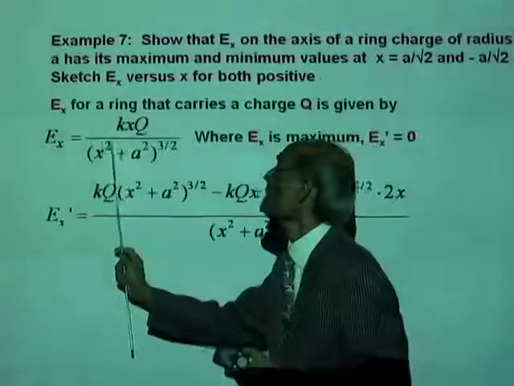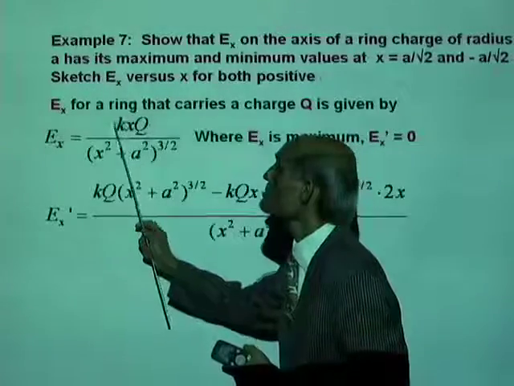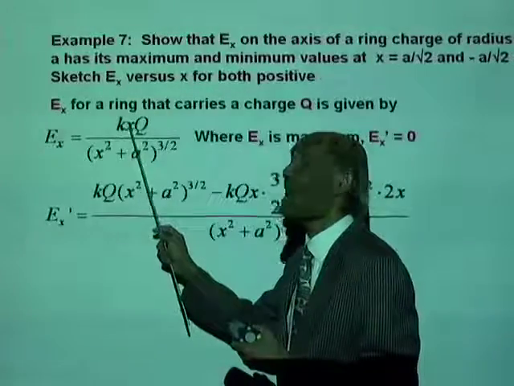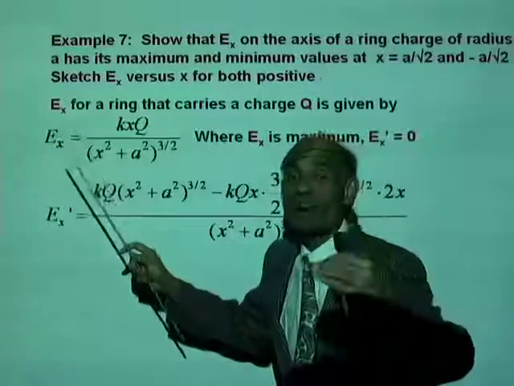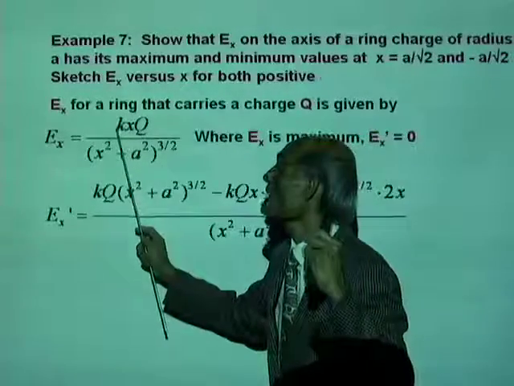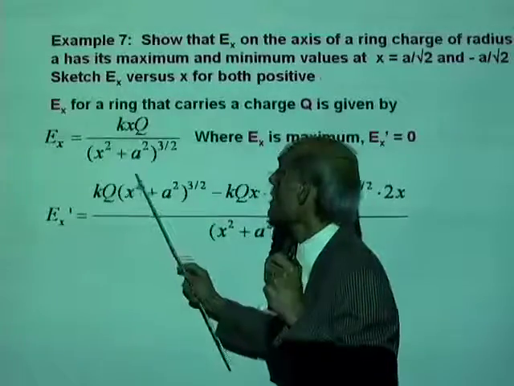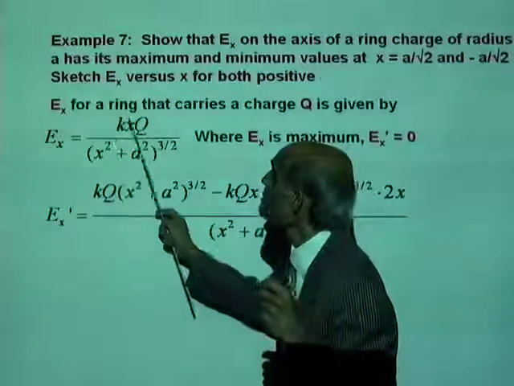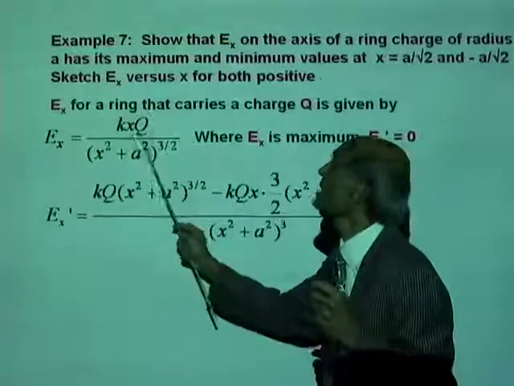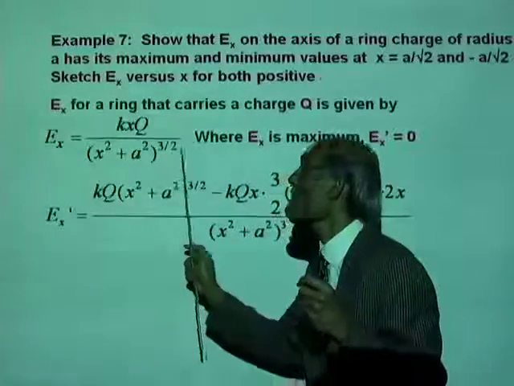Look at this. The denominator multiplied by the derivative of kqx with respect to x, which is kq, minus the numerator kqx times the derivative of the denominator.